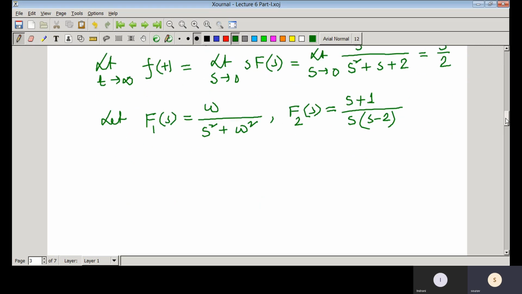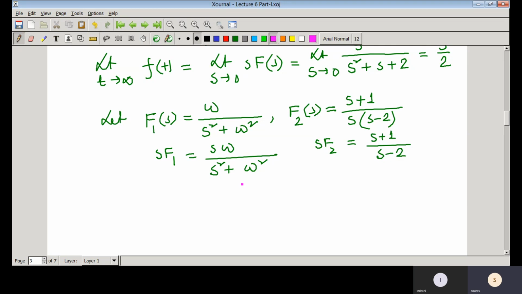So in both the cases, you can see here sF(s), that means if you find sF1(s), it would be s into omega divided by s square plus omega square, and in this case you have sF2(s) equal to (s plus 1) divided by (s minus 2).